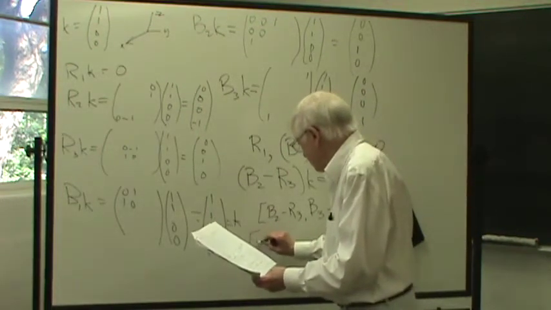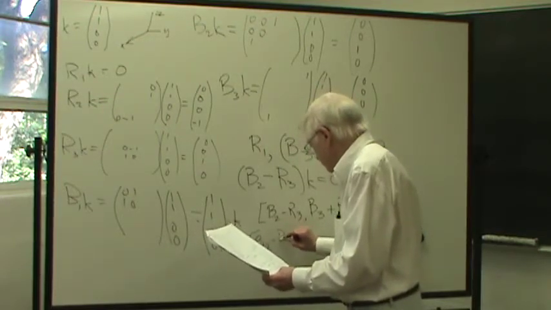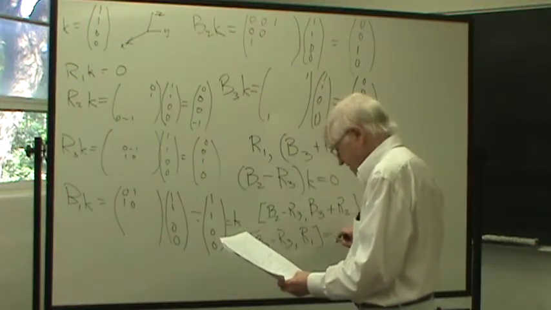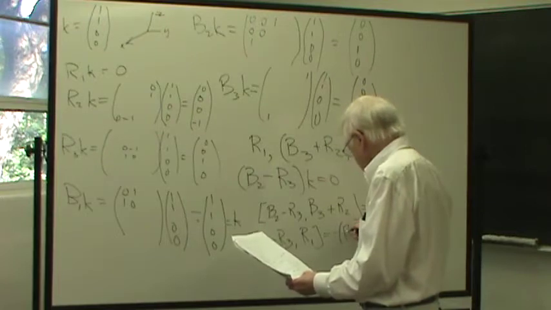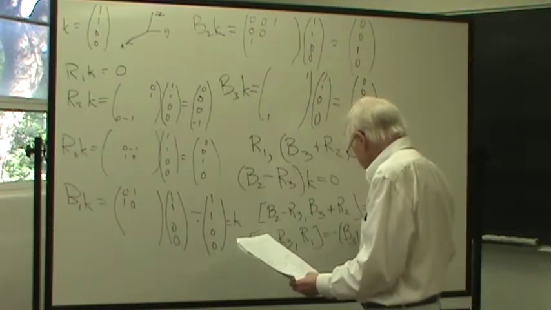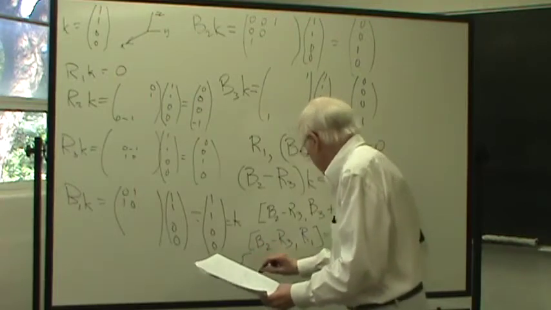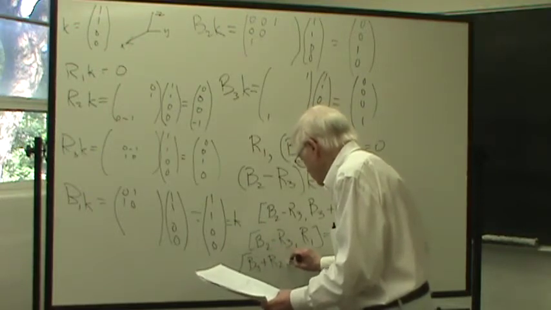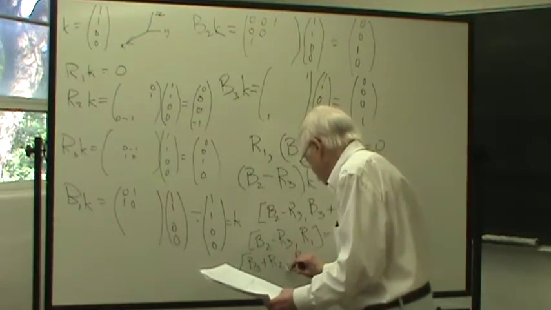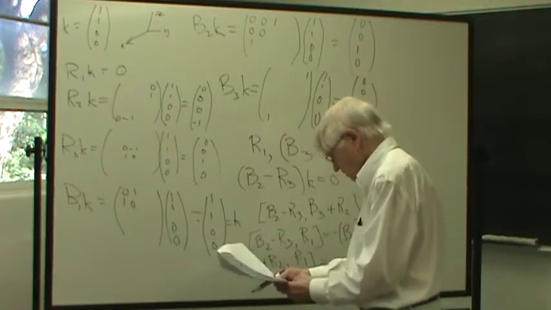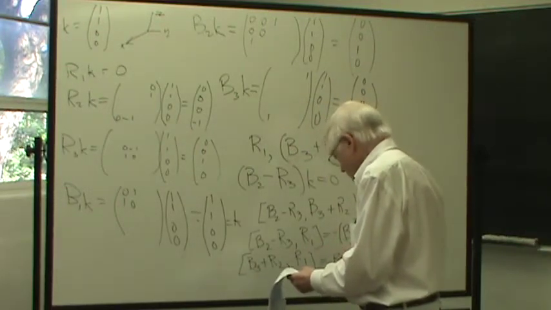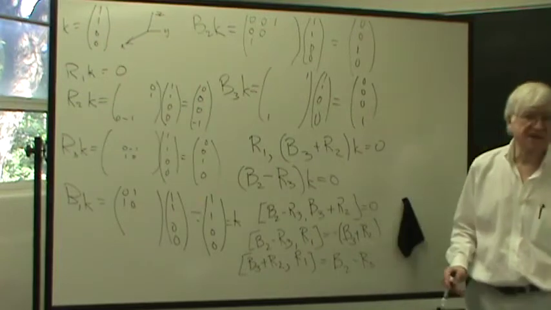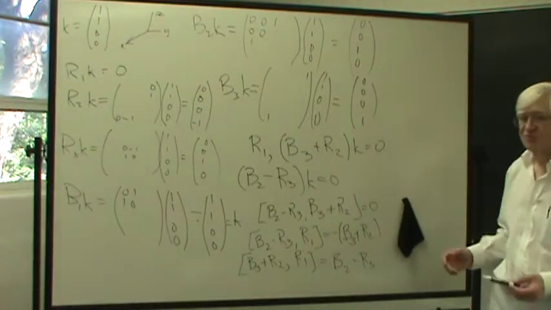Moreover, B2 minus R3 commutator R1 is minus B3 plus R2. And B3 plus R2 commutator R1 is B2 minus R3. So these generators form a nice little Lie algebra.